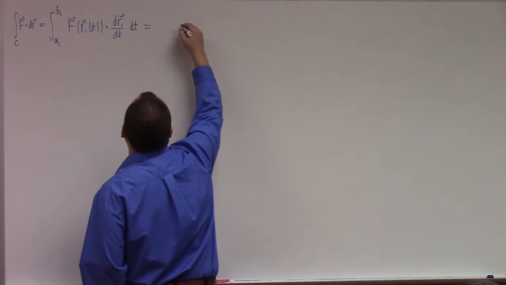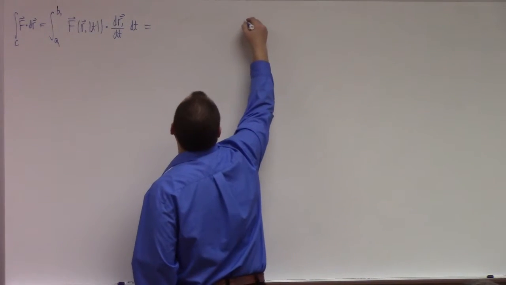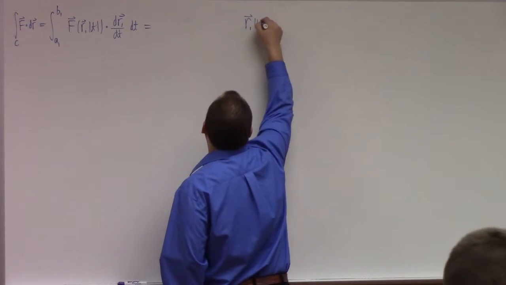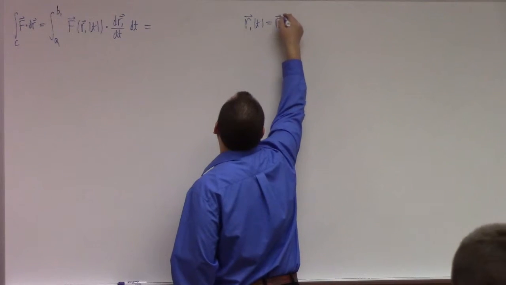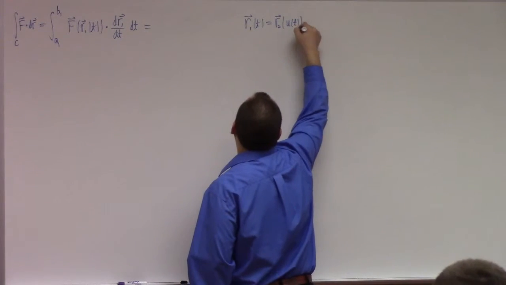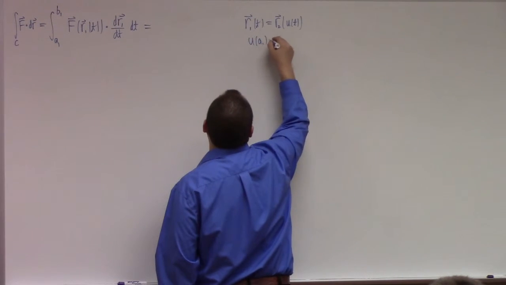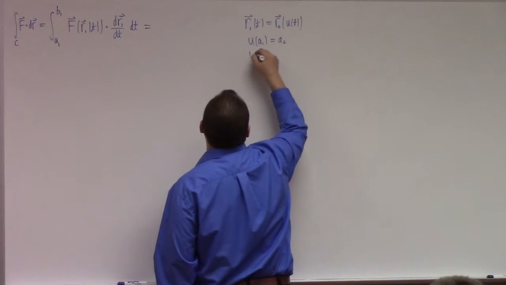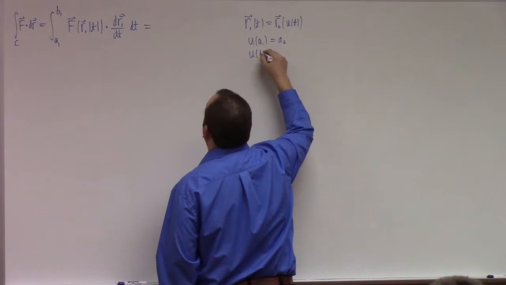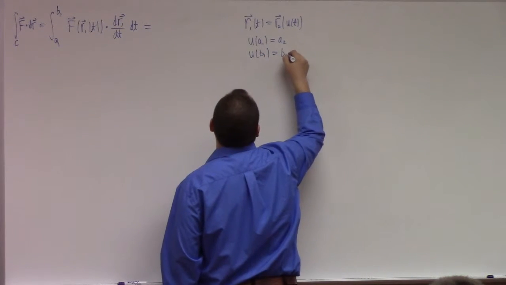So let's see, we can change this. I want to say r1 of t is equal to r2 of u of t, and u of A1 is equal to A2, u of B1 is equal to B2, right?